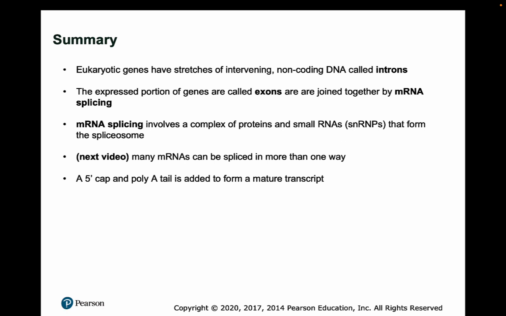As I'll talk about in the next video, many mRNAs can be spliced in more than one way. Finally, the 5' cap and poly-A tail are added to the mature form of the transcript, and it's ready to leave the nucleus and be translated into a protein. So that's it for this video, and on to the next.